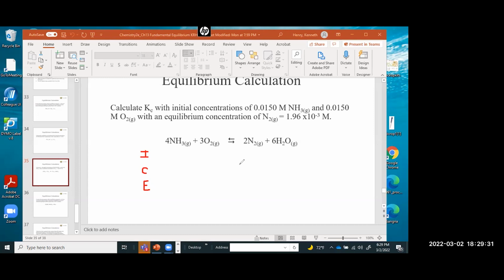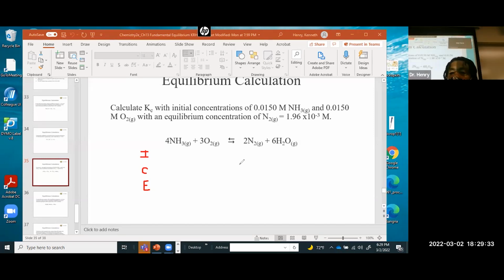Okay, so we're going to calculate Kc with the initial concentration of 0.0150 molar of ammonia and 0.0150 molar of oxygen, with an equilibrium concentration of N2 equal to 1.96 times 10 to the minus 3. So what do I know?